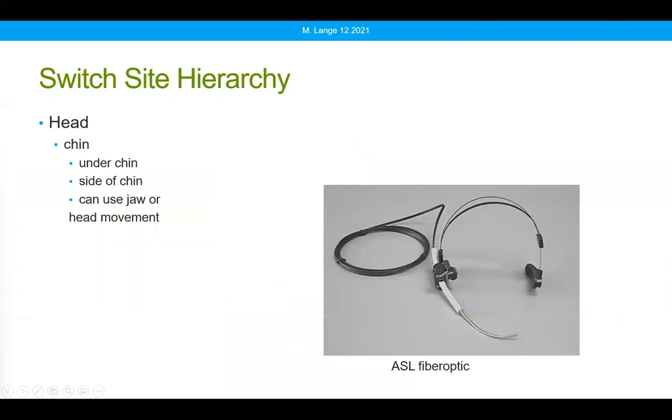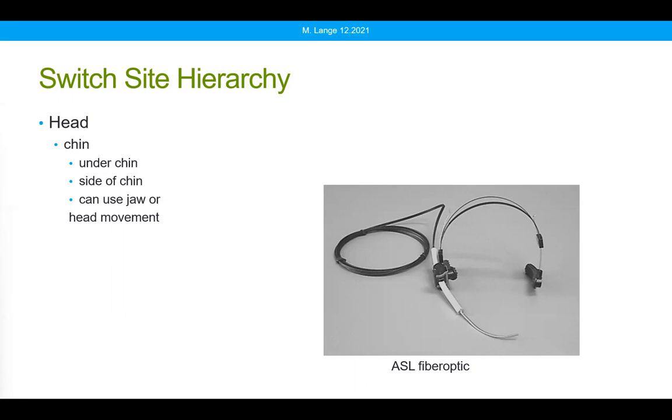Other places that can be helpful for someone who has muscle weakness include under the chin, by the side of the chin. You can use either jaw or head movement. So sometimes people who have muscle weakness may still have some movement, either opening their mouth or moving the jaw to the side, and we can capture some of that movement.